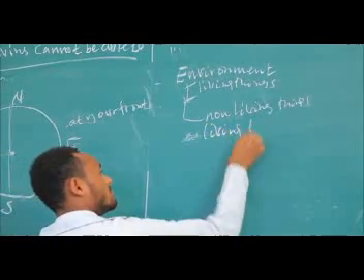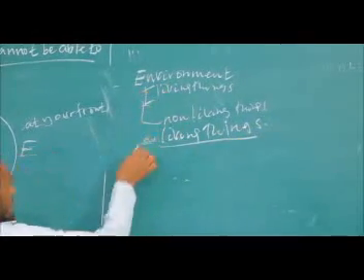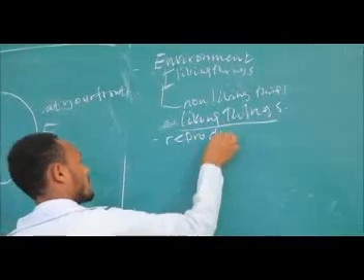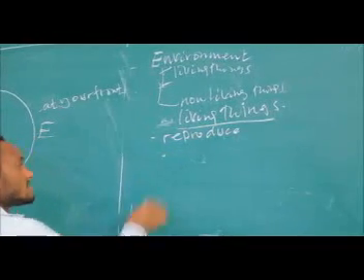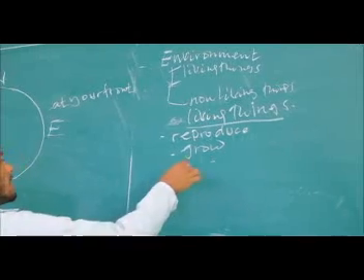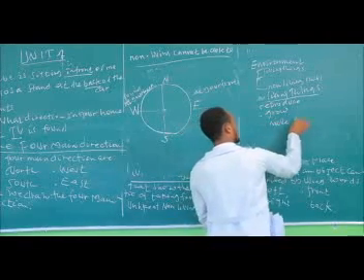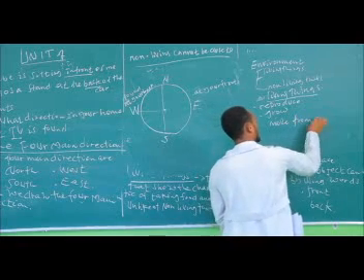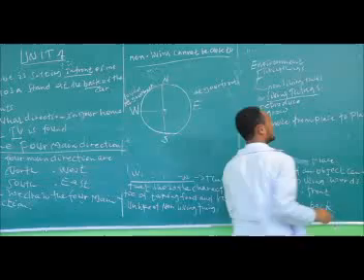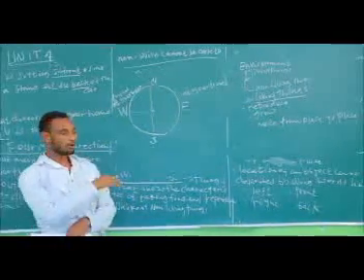Living things reproduce. Living things grow. This is the difference between non-living and living objects.